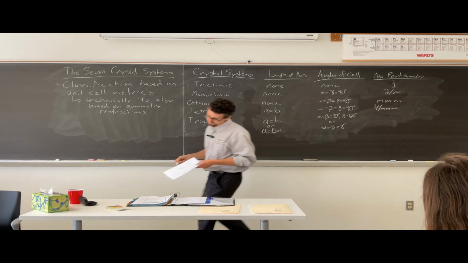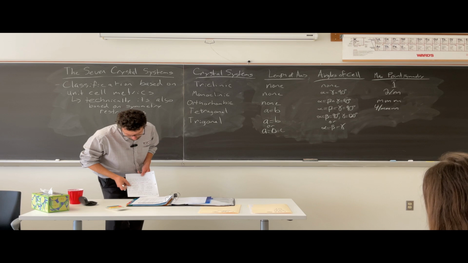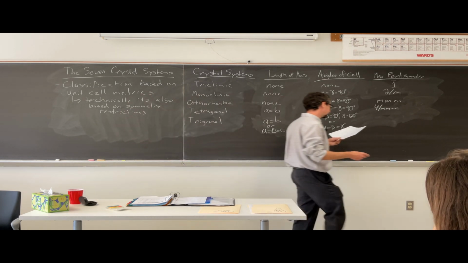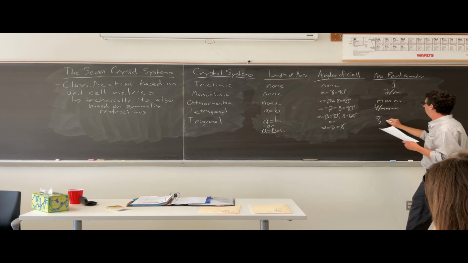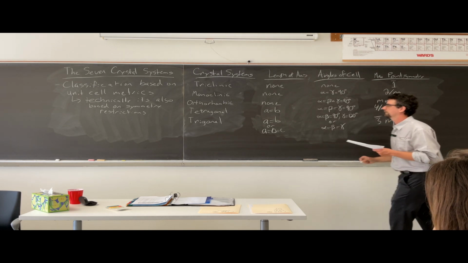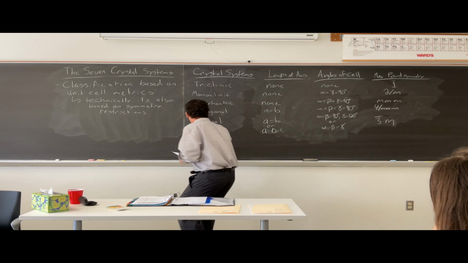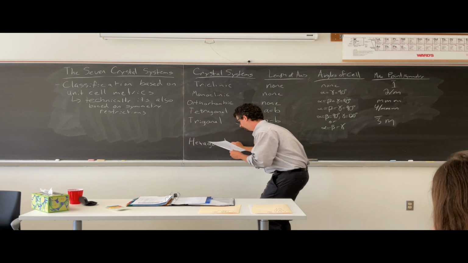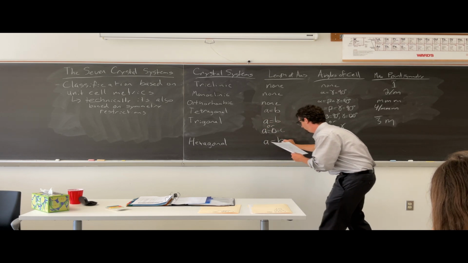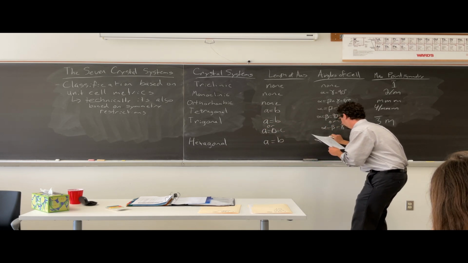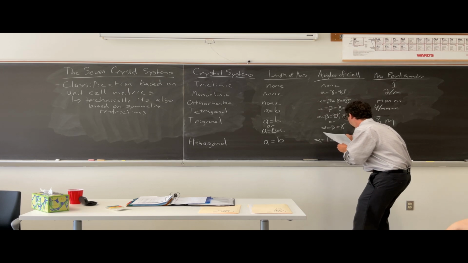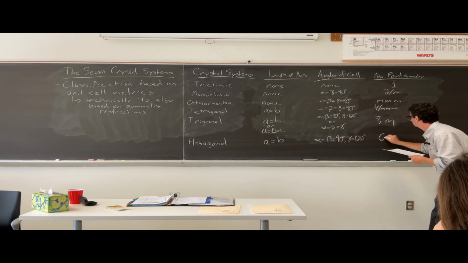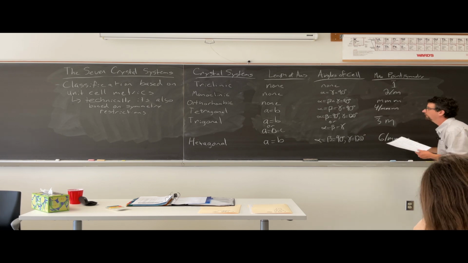That seems to meet the rhombohedral that they have there. 3 bar m is there. We have hexagonal, where A is equal to B, alpha is equal to beta, which is equal to 90 degrees, 6/mmm.